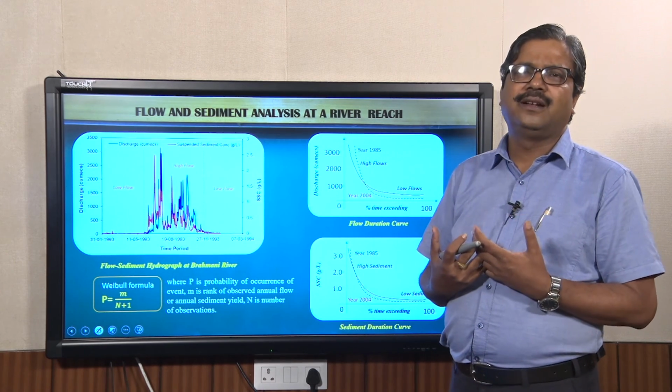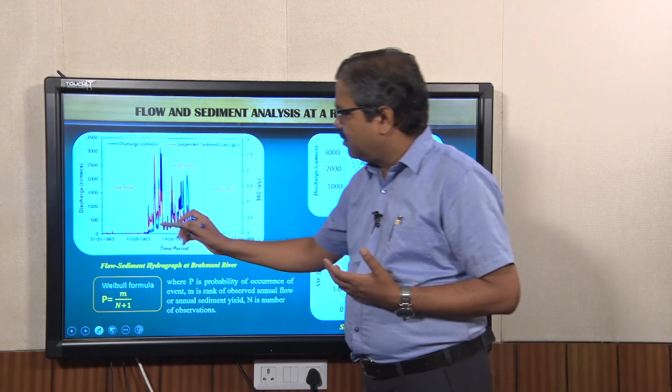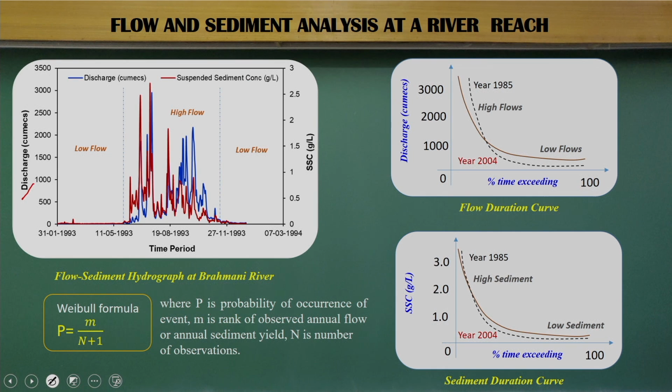First, we plot a hydrograph, that means a plot between discharge and time period. Here the discharge is in blue, and you can see discharge versus time starting from 31st January to 07 March.